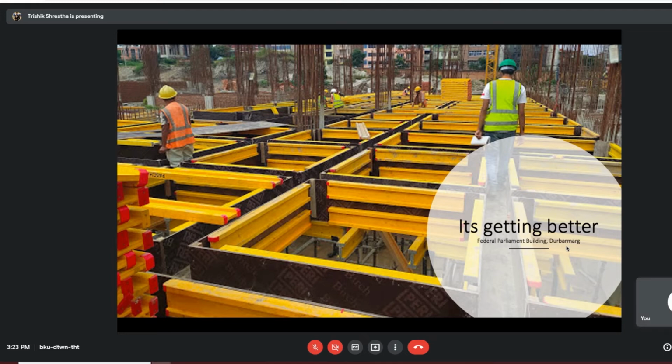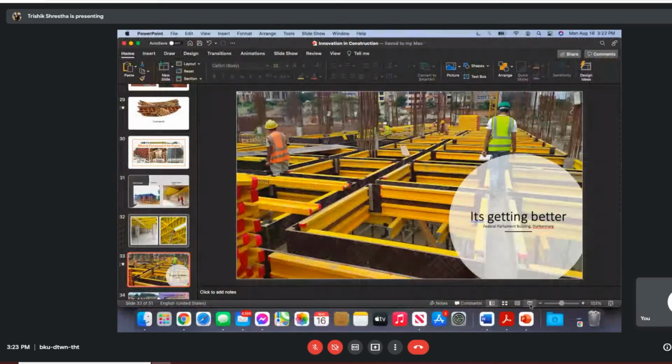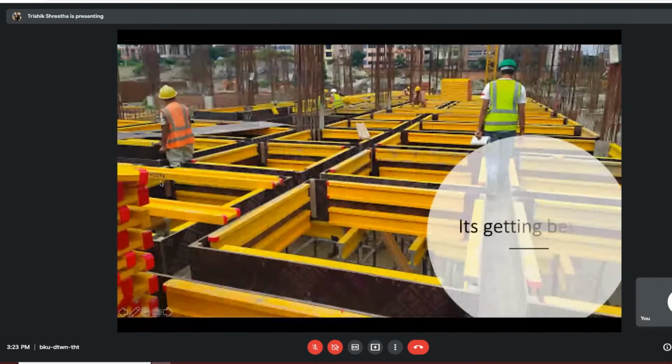I have not been able to visit this site personally because of the COVID situation. They have very strict health and safety rules. But they are doing things completely differently, and this is a very good sight to see, these decking systems being used.